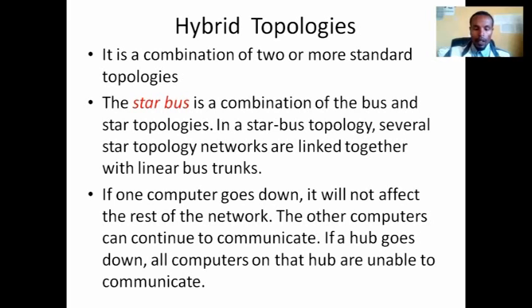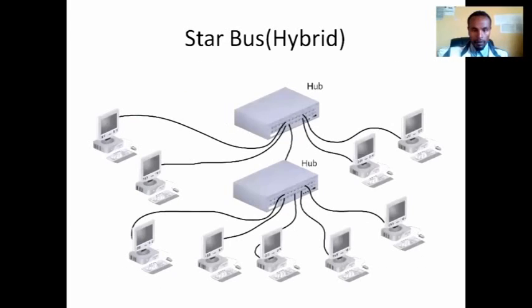That means if the hub fails, the communication between computers or nodes connected to the hub stops, but there may not be an effect on the bus topology on the other side. There are four computers connected to the first hub and five computers connected to the second hub.